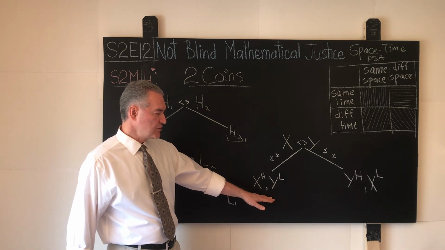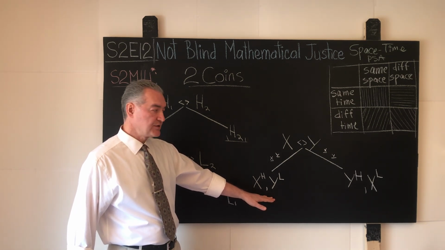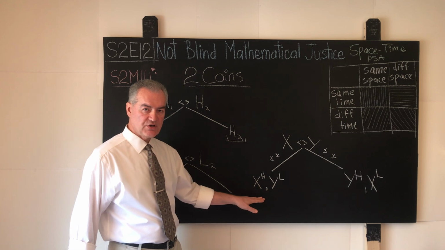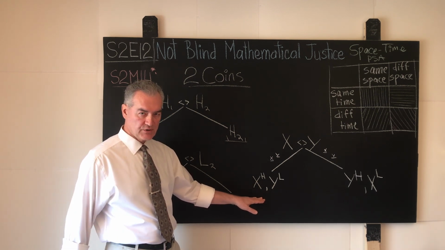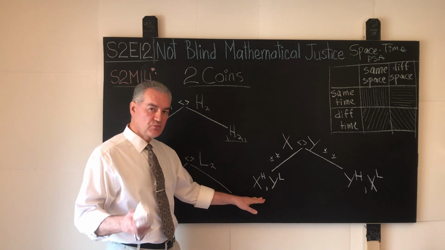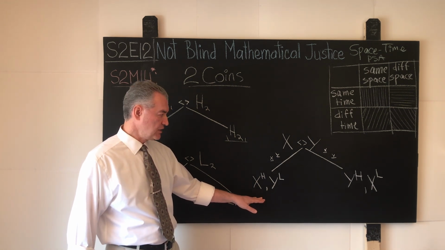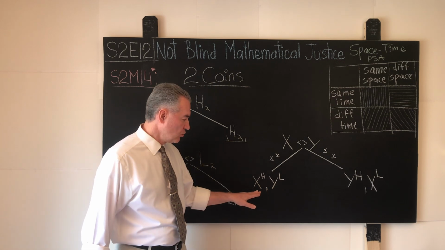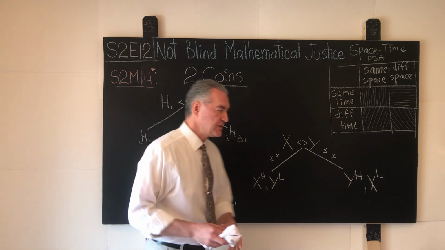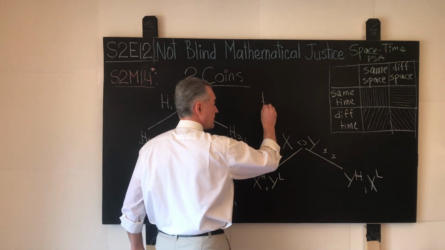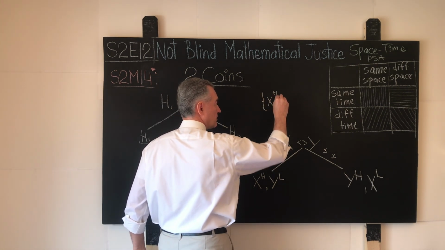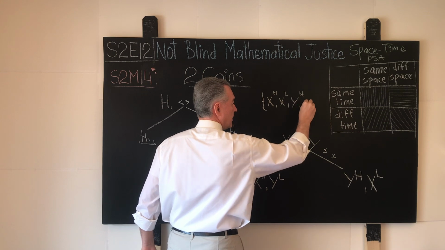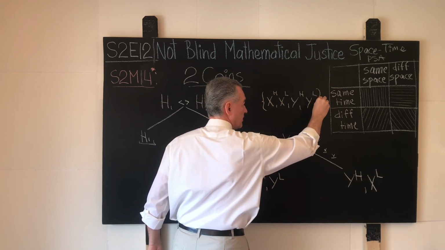Well, the answer over here should be evident, and that answer is no, because in order to resolve the question of the identity and of the weight quality of the fake coin with absolute certainty, which is what we're required to do in our problem S2E14, we need to generate how many? 4 units of information. 1, 2, 3, 4. 4 distinct units of information, because in our case, the coin X can be heavy, the coin X can be light, the coin Y can be heavy, and the coin Y can be light.